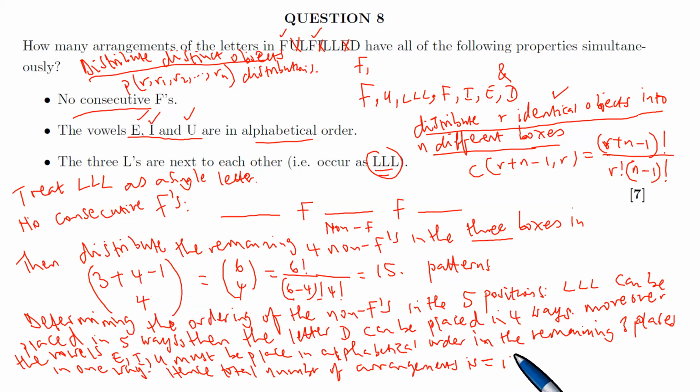Okay, I'm going to cross check and see if there's something to rectify. And then for the non-Fs, we had 5 positions and 5 ways. And then we had the 4 ways. And that would give us 300 ways for all the arrangements.